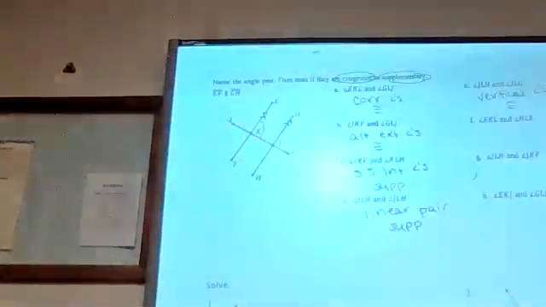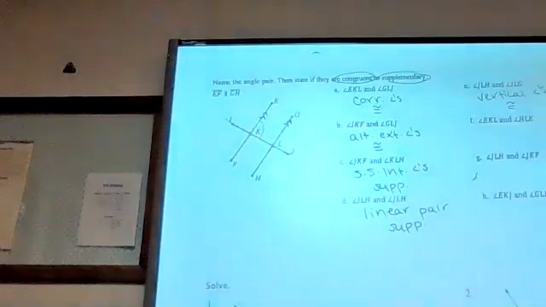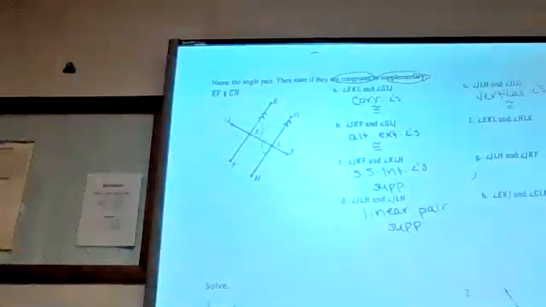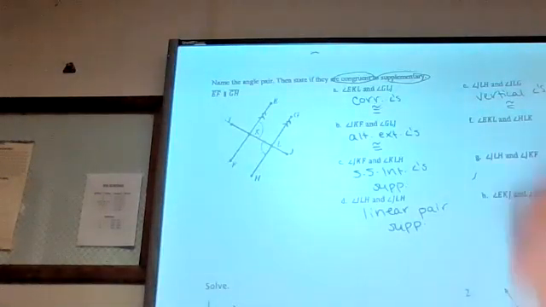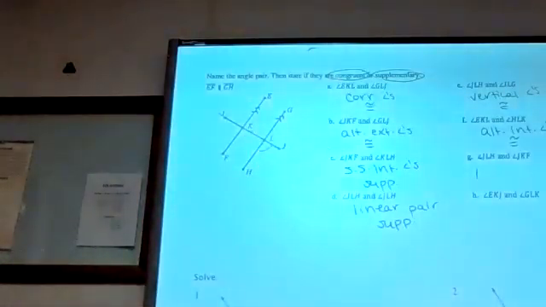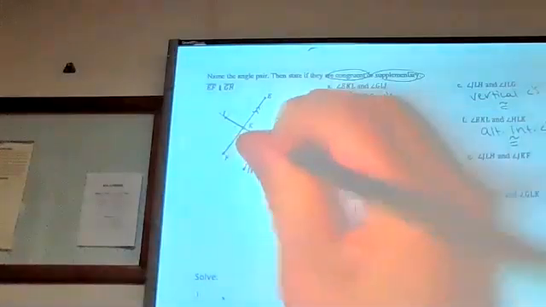EKL and HLK. Alternate interior, which are congruent. JLH and JKF.